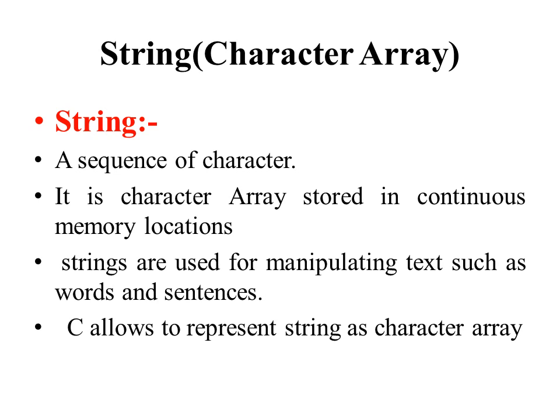Strings are used for manipulating text such as words or sentences. C does not support string as a data type. So as we use integer and float, in the same manner we cannot directly use string as a data type. But it allows us to represent the string as a character array.